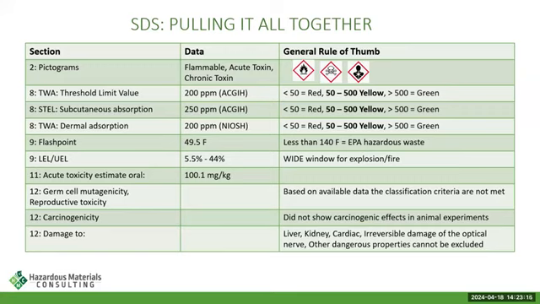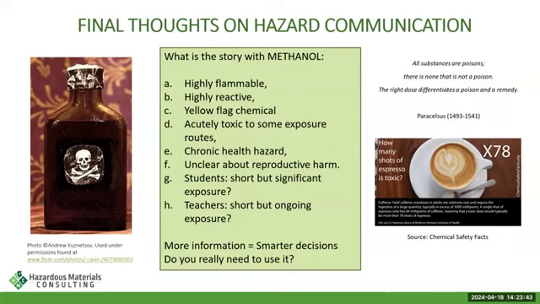I've got to think about that. And then it lists that there would be damage to liver, kidney, cardiac, irreversible damage of the optic nerve. Ooh, that's bad. And other dangerous properties cannot be excluded. When I see language like that, it tells me that we don't really know just how toxic this is, but we know we've got some problems with it. That's the way that I interpret that type of information.